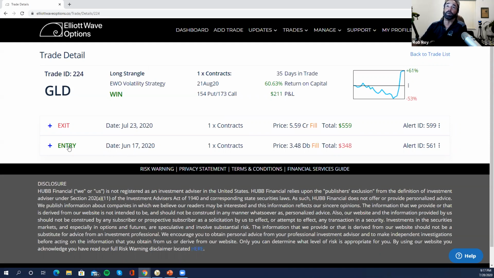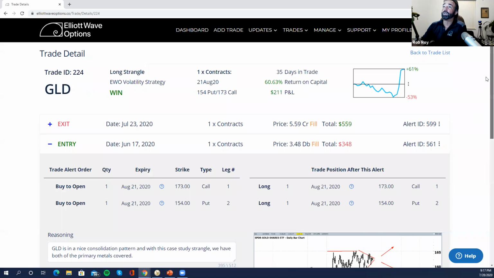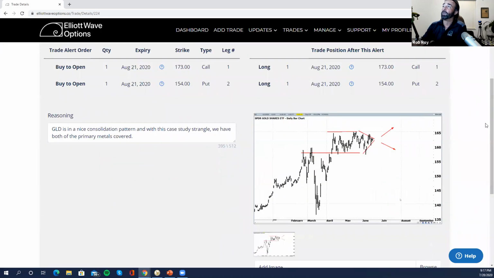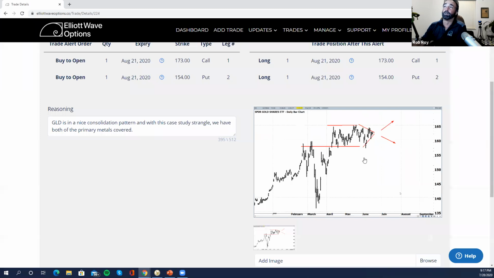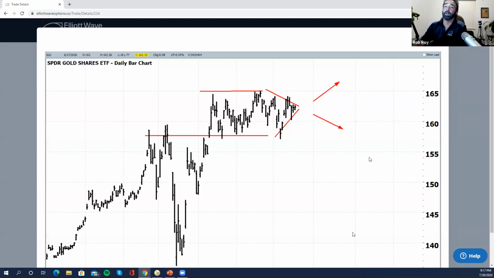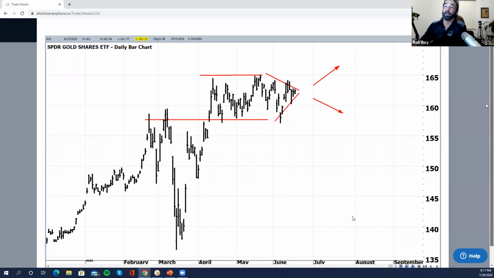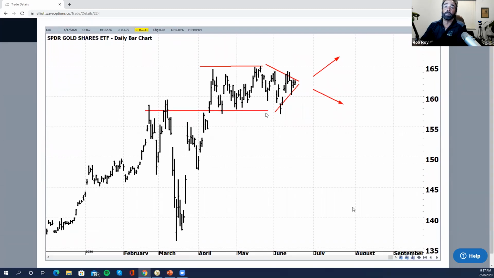So our entry was on June 17th for GLD, and we put all this information on our website in every single alert for our subscribers, so they get not only the alert that's sent out to them via email and text message, or both if they choose, but then they can come to the website and see the particulars of the trade, in addition to the strikes, months, etc. that they get by text and email.